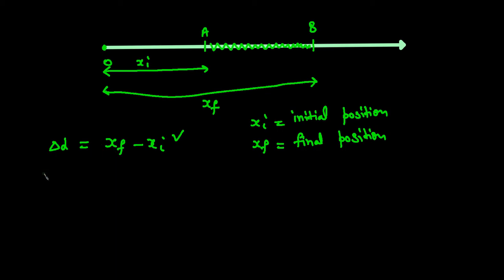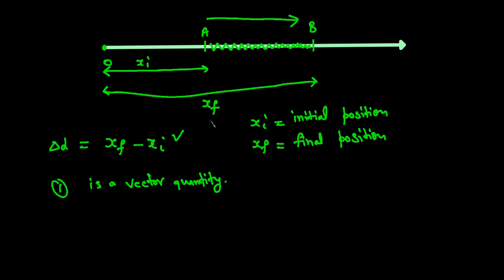And the note to take here: displacement is a vector quantity, as it has both magnitude and direction, like in which direction displacement is happening. In this case, the displacement is happening in this direction here.